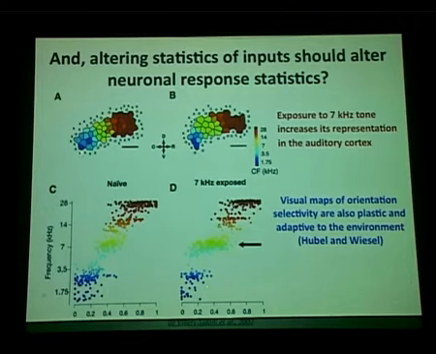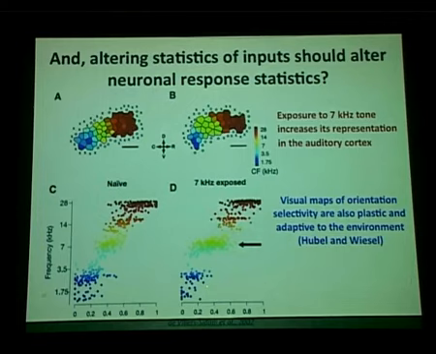So if you look at the auditory structure and you map the different frequencies, these are the frequencies to which neurons sitting in this area respond maximally, and there is a topographic map over there. If you specifically expose these animals to only 7 kilohertz, you see that the representation for that specific frequency has increased at the expense of frequencies in this range. So you can see that this is much smaller, and here the green is much larger.